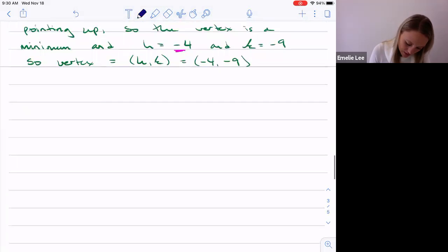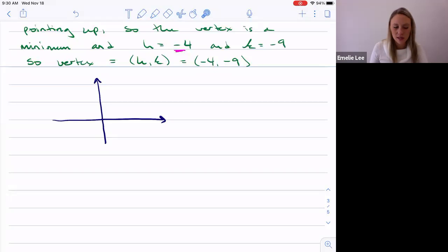And so what I can do is a little sketch here. Negative 4, so x is negative 4, so I'm over here somewhere, and then negative 9 is down here, somewhere down here. Remember, I'm just doing a quick sketch, gathering information about this thing.